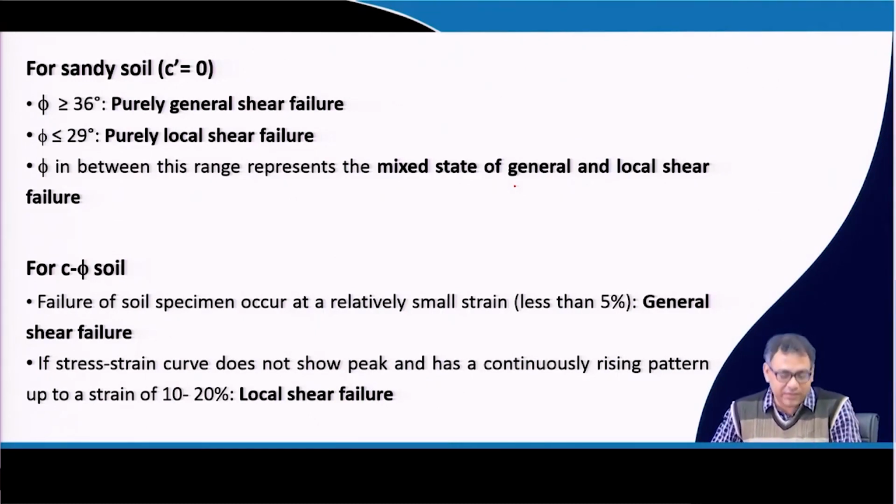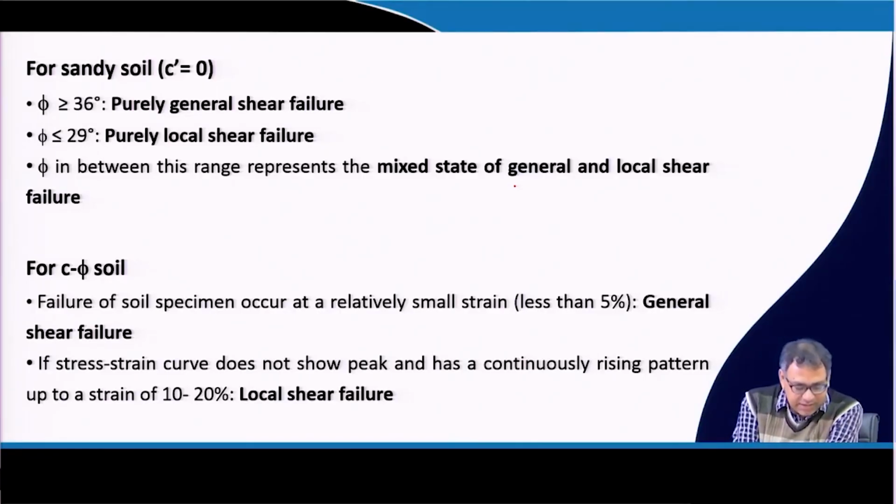But if it is a c-φ soil, and the φ value is say less than 29 degrees, then there is no direct way to say general or local shear failure, because in such a case you have to see the load versus settlement plot.